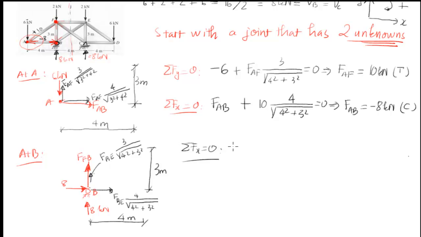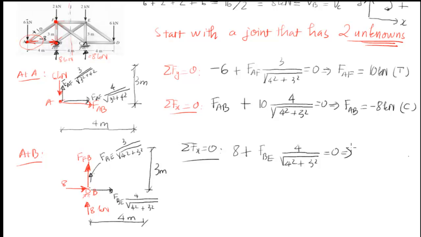The 8 goes to the right, so positive 8, and this one goes to the right as well, so positive FBE times 4 over the square root of 4 squared plus 3 squared equals 0.